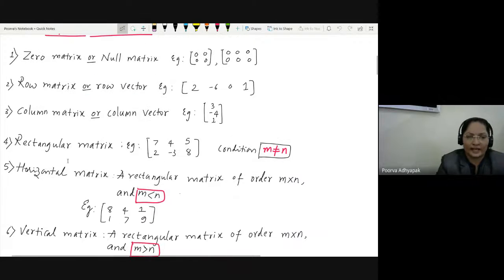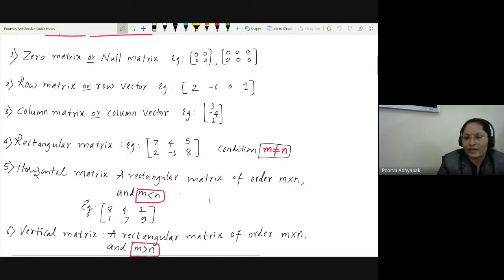The next one is rectangular matrix. The condition here is the number of rows should not be equal to the number of columns. In this particular example which I have taken, 7, 4, 5, 2, minus 3, 8, the number of rows is 2, whereas columns is 3. So definitely the condition m not equal to n is satisfied. The next one is horizontal matrix.